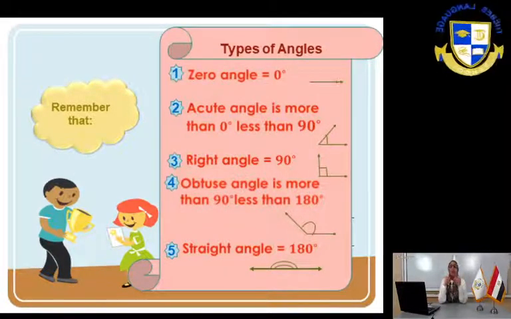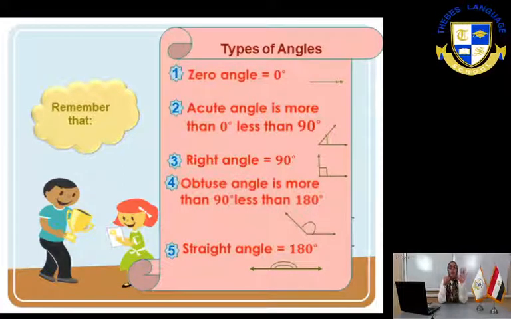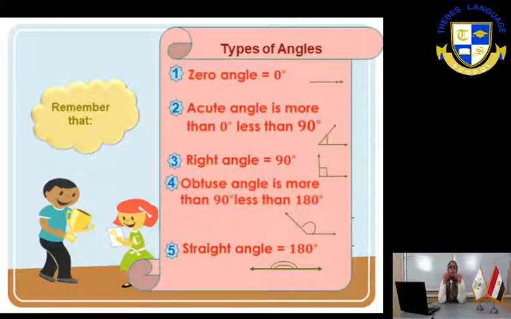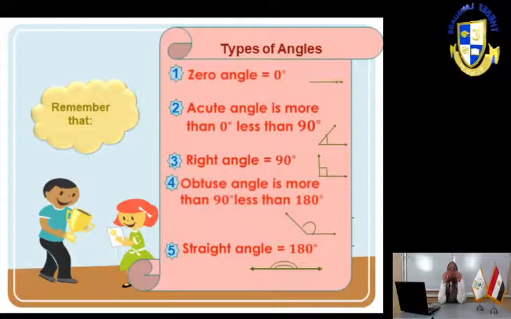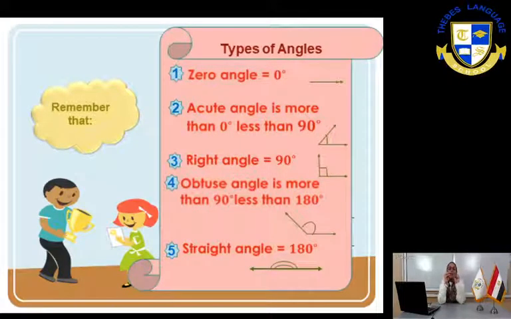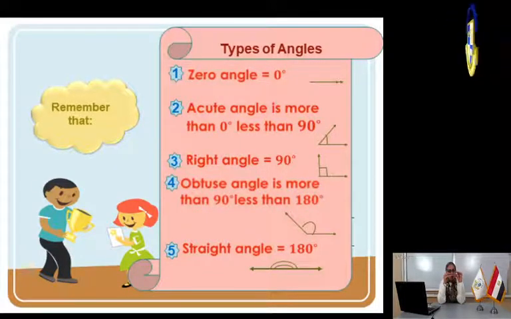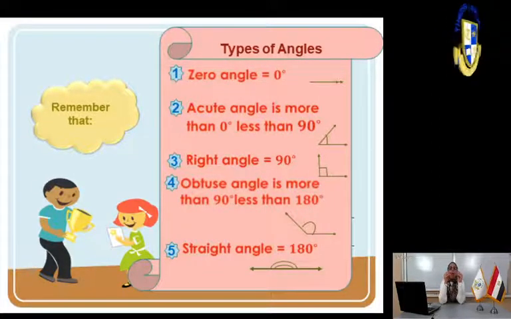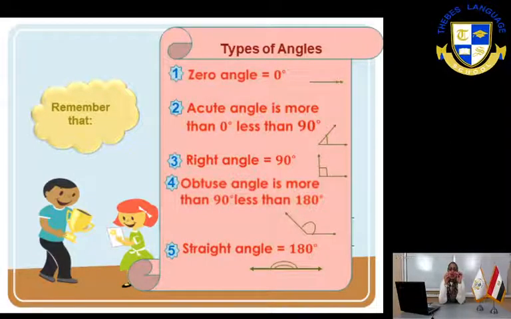Now, what are the types of angles? We have five types of angle. If the two rays lie on each other like that, there is no space between them. So this angle will be a zero angle, and its measure equals 0 degrees. If we open these two rays like that, we have a small space here.